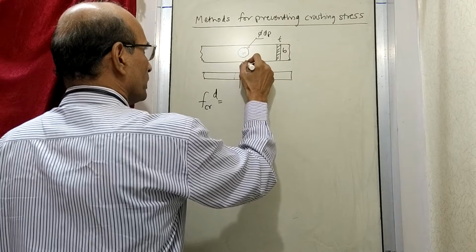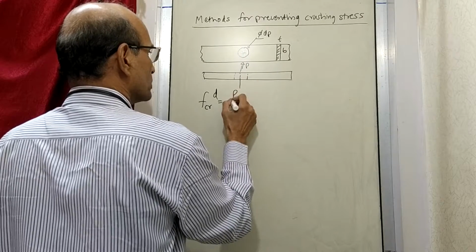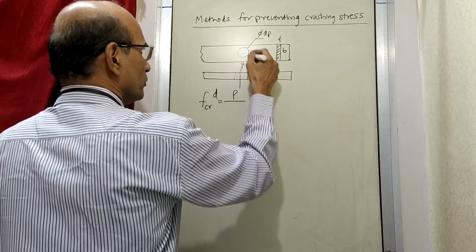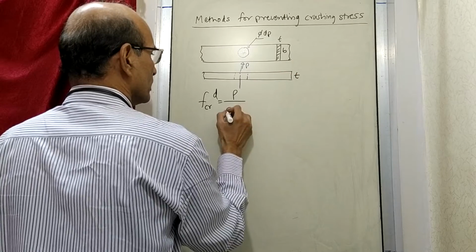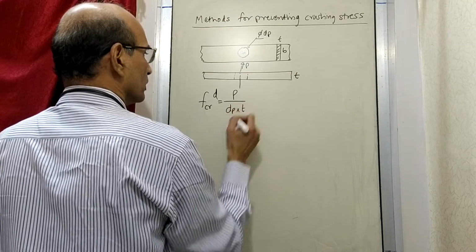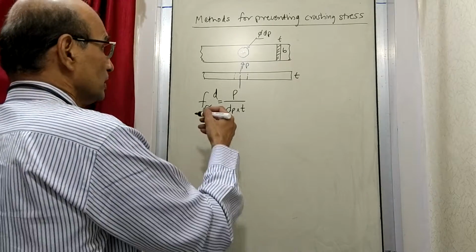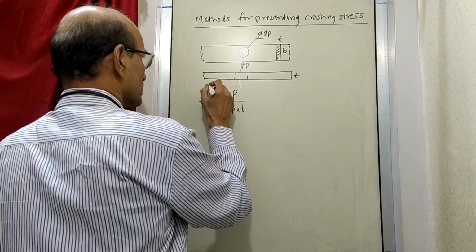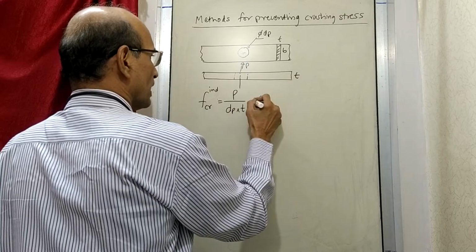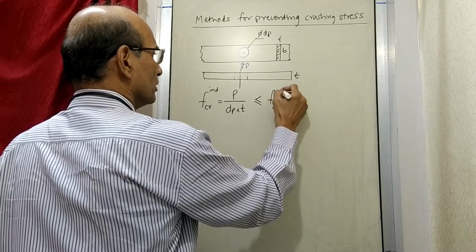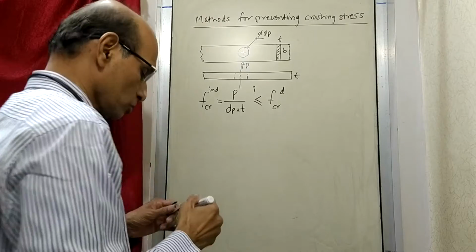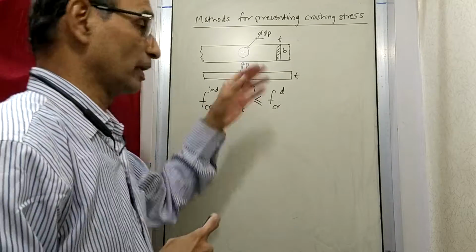Suppose there is a load here P. So P is the load, and the resisting area is diameter of pin into thickness, which we have seen last time. And if this is the induced stress, then this should be less than the design stress. If it is so, then the sizes are correct.